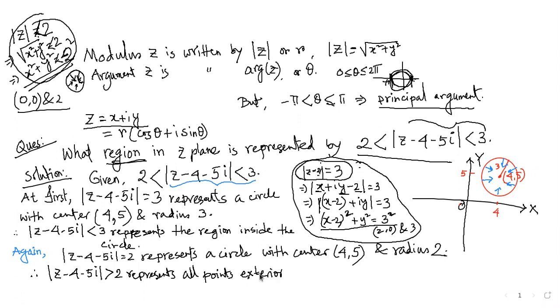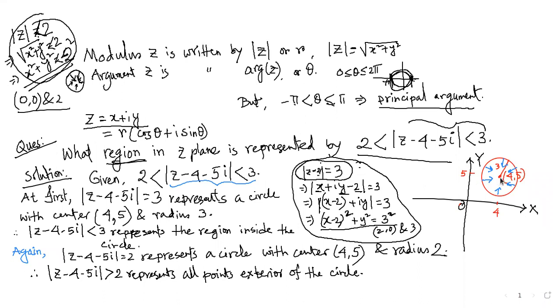Exterior represents a region exterior of the circle. You can write it this way, exterior of the circle. Okay, so you can write this one also like this way.